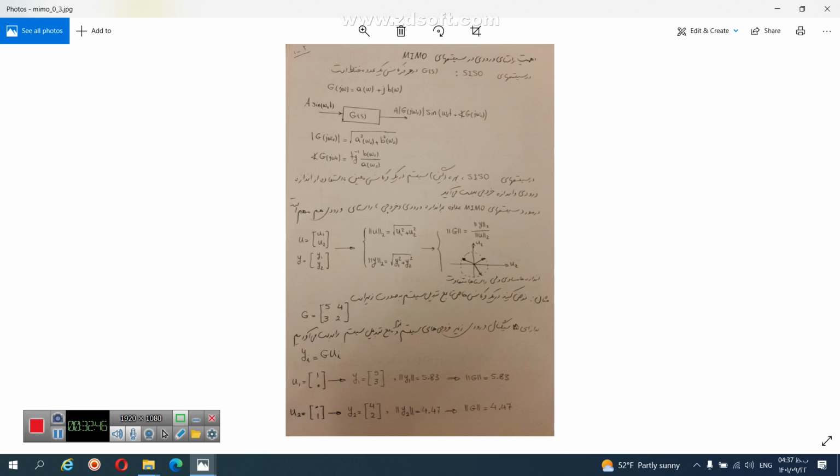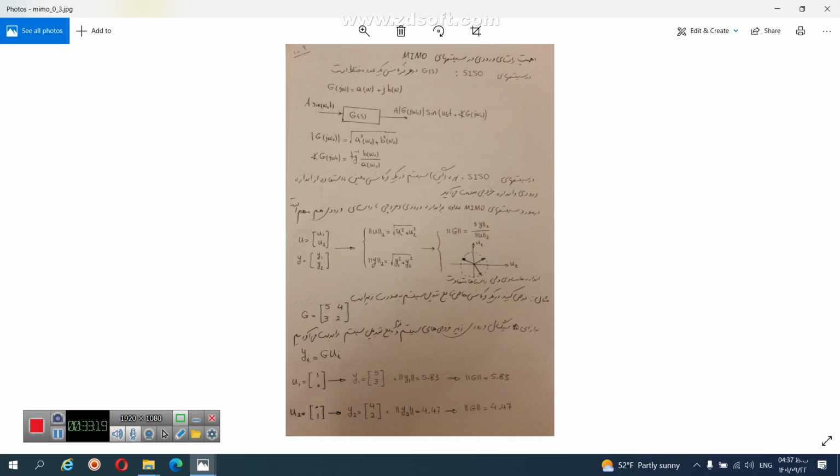Yes, we change the inputs. The transfer function is the same, but the outputs are not the same. The direction of the input: y1 is this direction, y2 this direction. The direction of inputs has an effect on the output of the system.